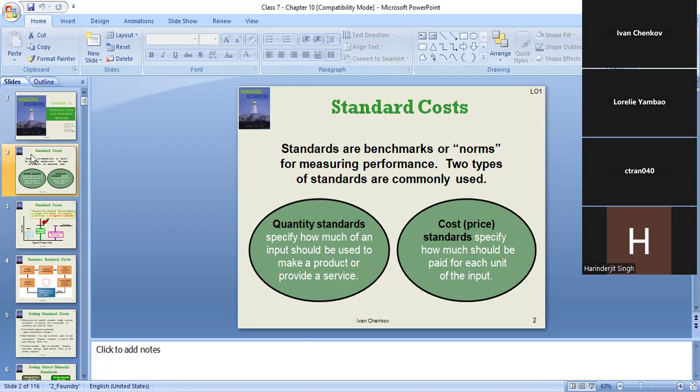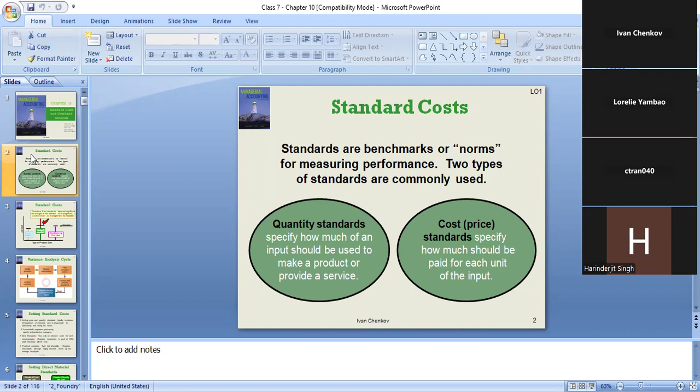So we're going to have the quantity standards for the coffee that we have to use to make that coffee. And then we're going to have a price standard. And the price standard will be how much we should pay for every unit of input that we're putting into our product. Again, now we're on the cost side, we're not on the selling side.